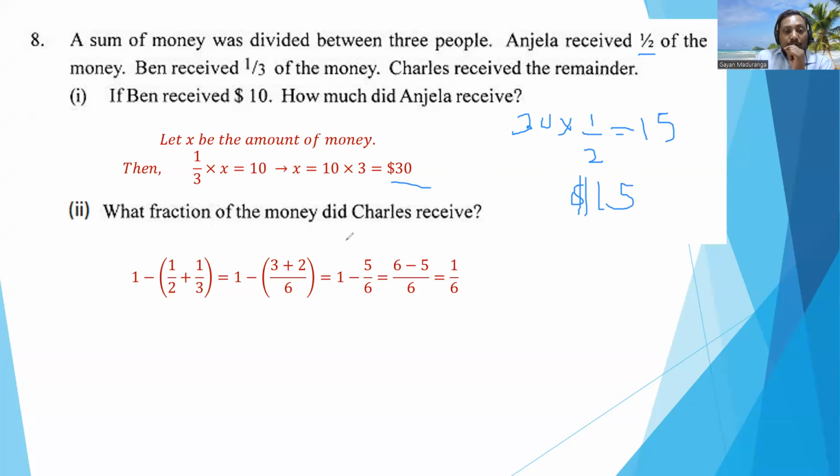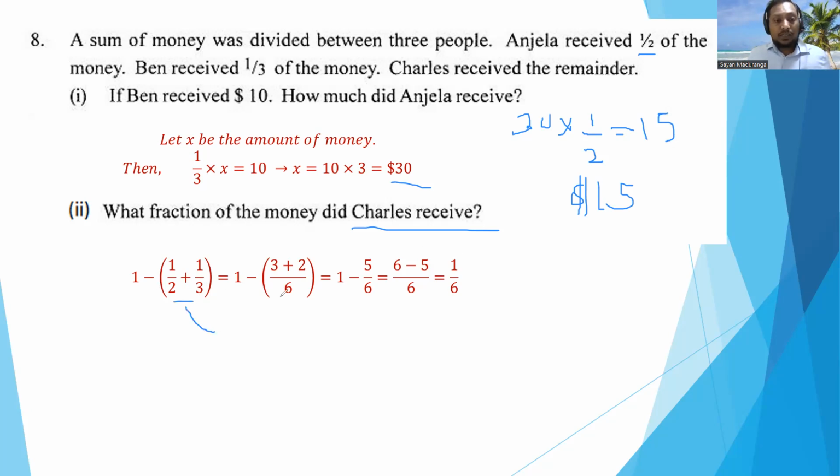What fraction of the money did Charles receive? See that the question doesn't ask you to find the amount, but the fraction. All three fractions add together to give 1. So you subtract half plus one third from 1, then you will get the answer.